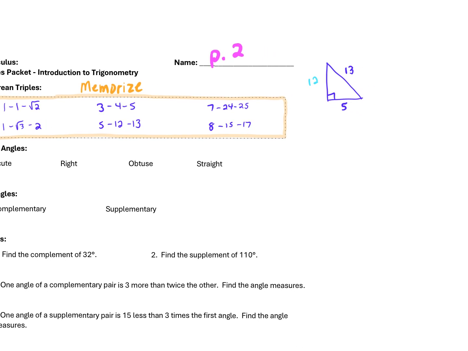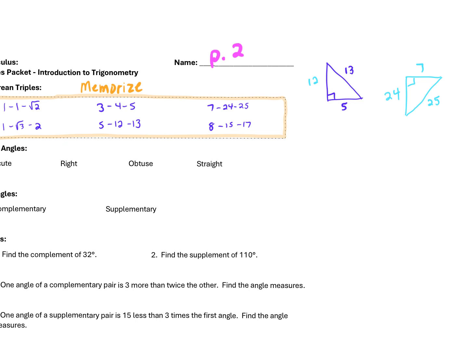Okay, so another example, if you are told that this leg is 7 and this leg is 24, then right away, without having to do 7 squared plus 24 squared and take the square root to get what c is equal to, you should know that this is equal to 25.